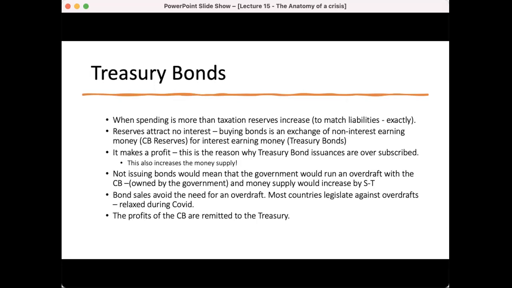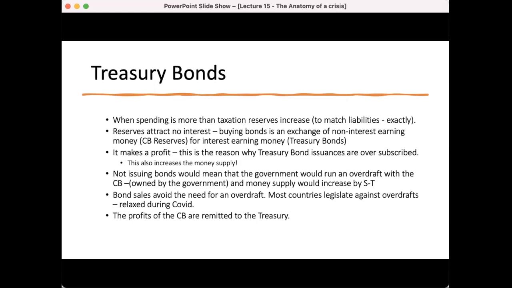As a consequence, the net of all of this is zero. The only differential that comes out of it is the interest payments that need to be paid to the institutions that are holding the bonds. But that has the positive impact of increasing the money supply. The stock of debt, therefore, is equivalent to the size of the money supply.